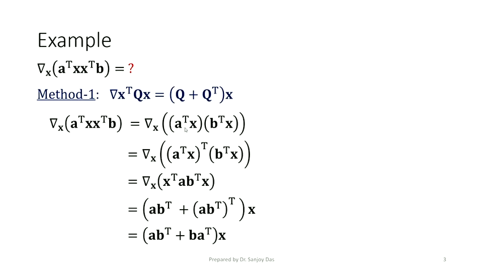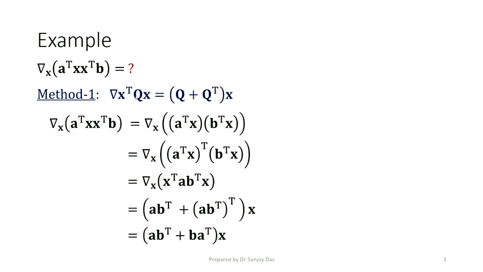And again, this is a scalar, so a transpose x, let me transpose that. I should have written b transpose x here and then done the transpose, sorry about that. But this a transpose x, I can take the transpose of that because it's a scalar, and so this gives me x transpose a b transpose x.